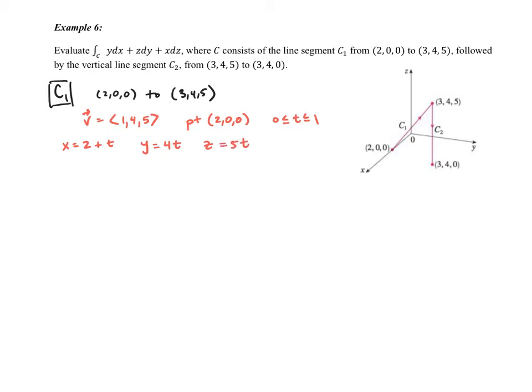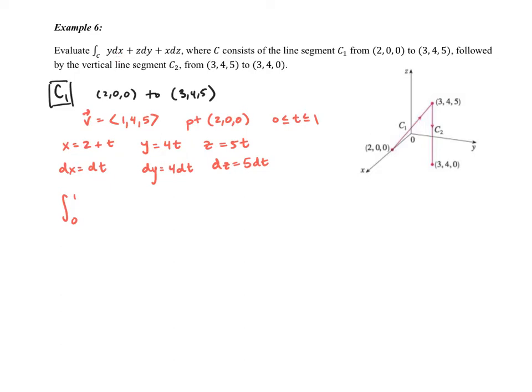And then we're also going to need dx, which is going to be dt, and dy, which is equal to 4 dt, and dz, which is equal to 5 dt. So all of our differentials are important. What we're going to do is take all of this stuff we just found and do direct substitution into this line integral and evaluate in terms of t. So we have the integral from 0 to 1, and in the original we have y dx.